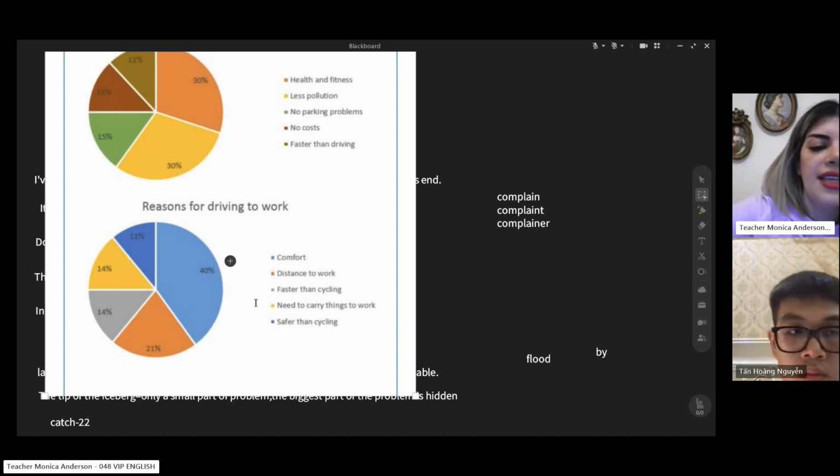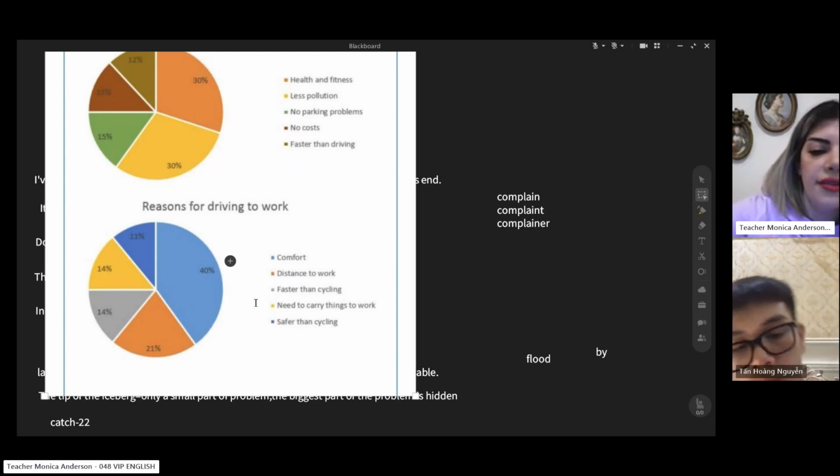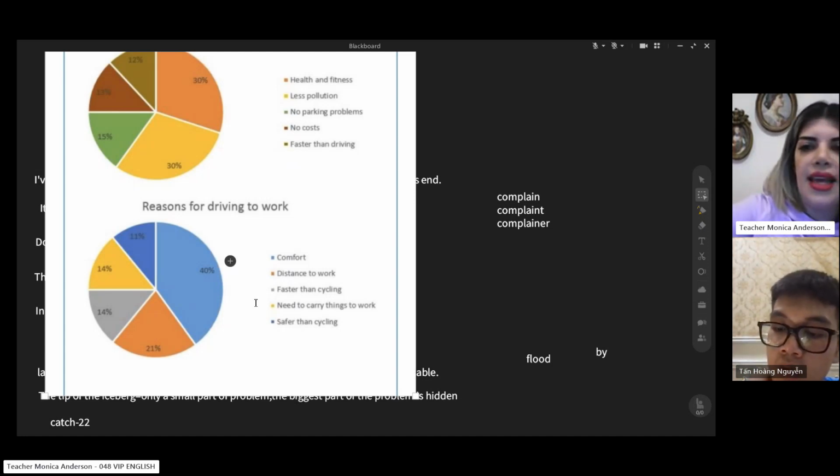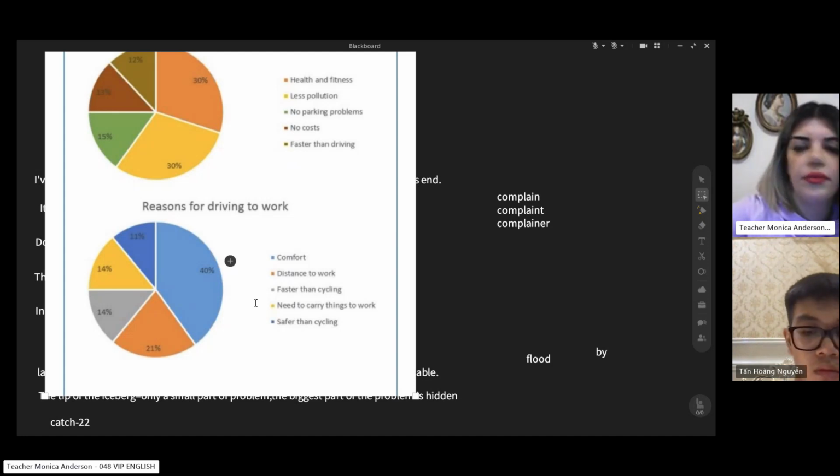A different set of concerns has affected the decision of those who choose to commute by car.